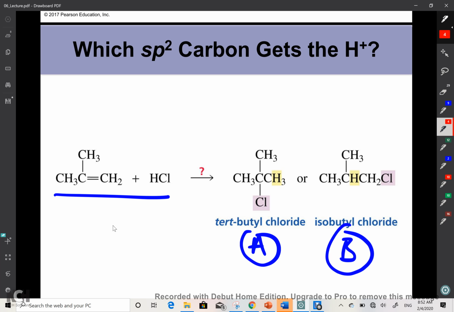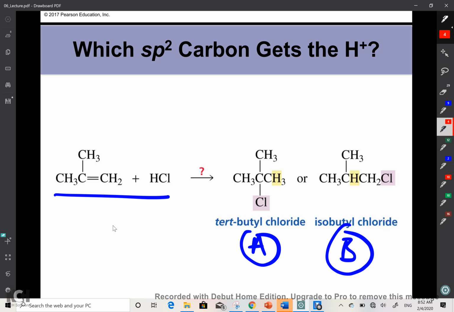Yes. The 2 intermediates are different because for product A, the tertiary carbon is going to have the plus charge on it, and then for product B, it's going to be that primary carbon. Do you see that?